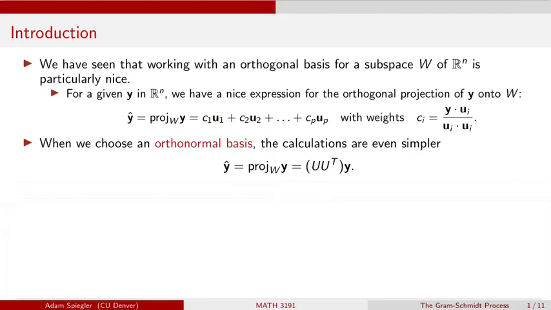So in that case, when we have an orthonormal basis, the projection of y onto the subspace W, we can compute by taking U multiplied on the right by U transpose, multiplying that by the vector y.